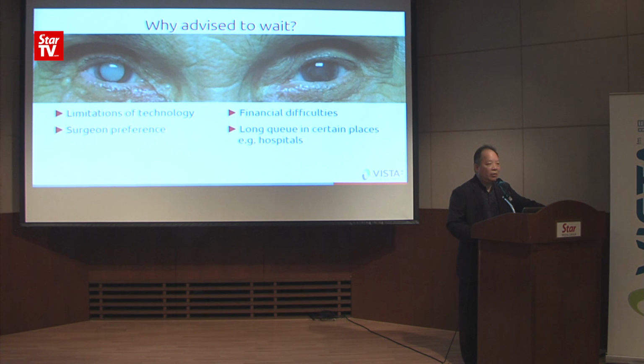They need the children to provide them the finance, so they have to wait. Or some patients prefer to go to government hospitals where there's already a long queue, then they have to wait. But that is because they are forced to wait in a way. But by today's indication practice worldwide, as long as the cataract troubles your daily lifestyle activities, you can do the surgery already.